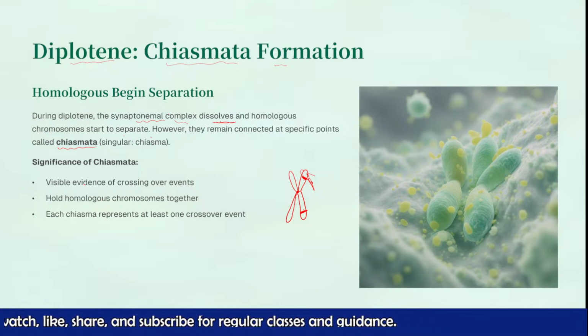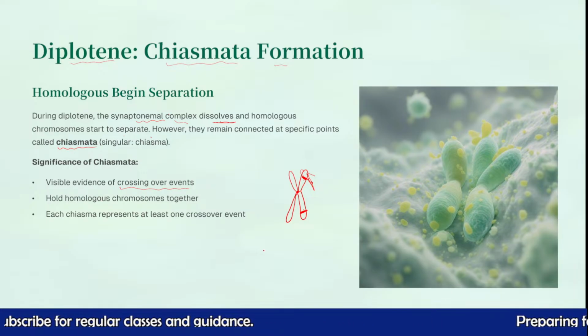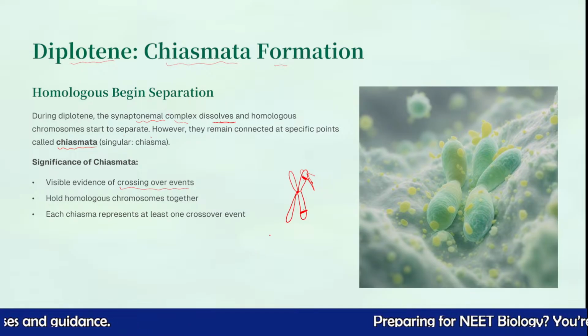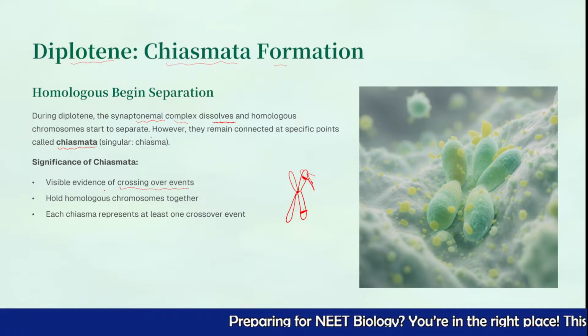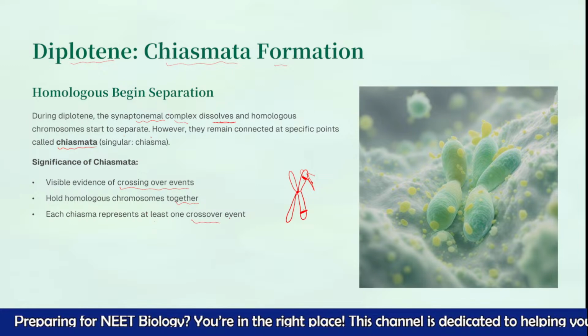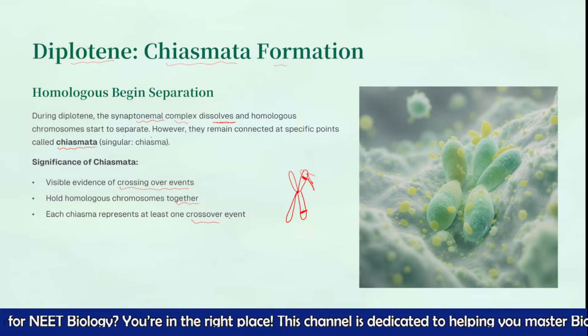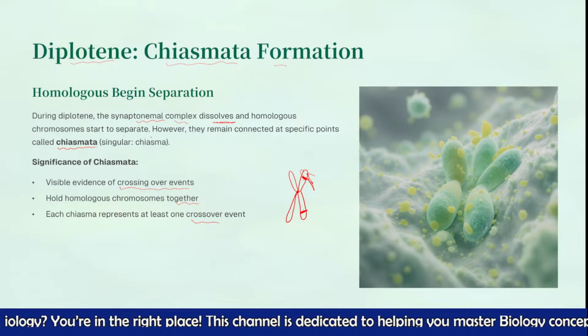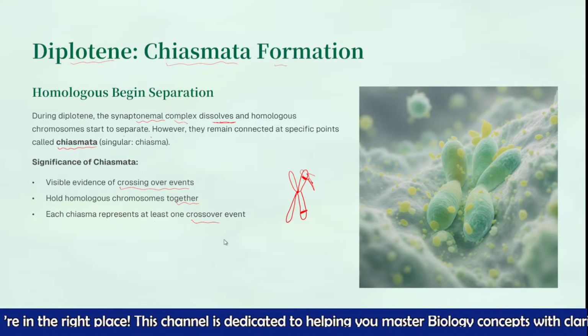The chiasmata is the visible evidence of crossing over events in a chromosome. If the chiasmata is there, we can say that crossover already happened, and it also holds the homologous chromosomes together. Each chiasmata represents at least one crossover event. So here the key event to remember is the chiasmata.